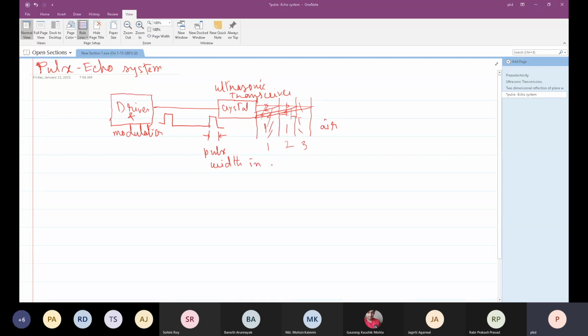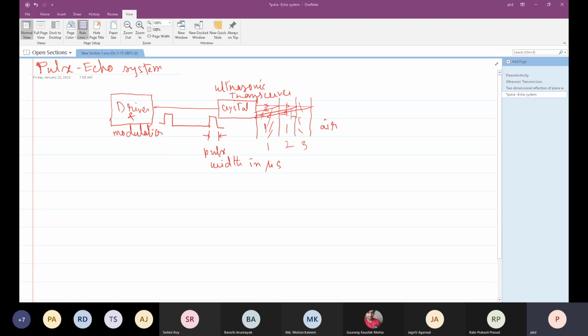Usually the pulse width in an ultrasonic pulse echo system is in microseconds. From a fraction of a microsecond to maybe 1000 microseconds, systems are available depending on the type of application and the presence of noise.